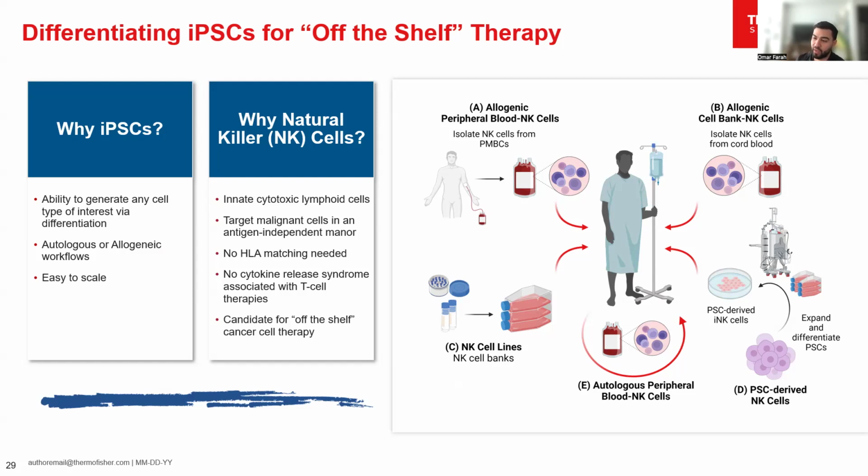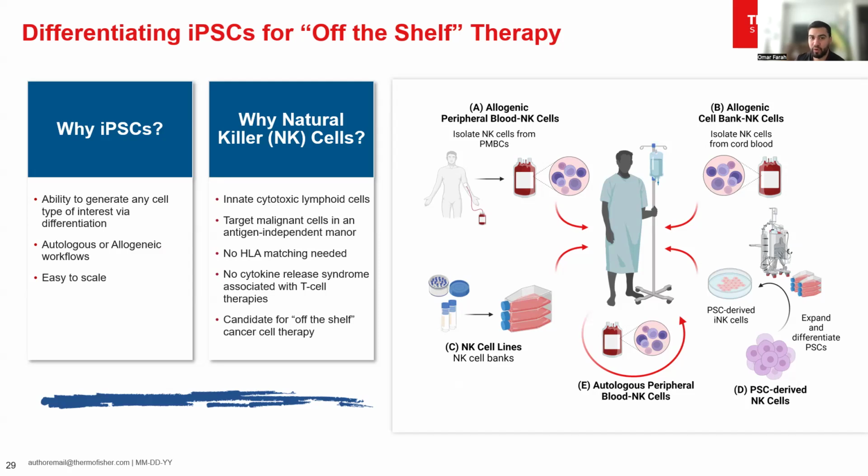They're either enriched or modified with a particular cargo, hence the CAR T, right? And then infused back into patients that have particular cancers in order for these cells to target that specific cancer. And T cells have been used a lot in this space, and they've been quite efficacious. But another immune cell type that could be really interesting here are natural killer cells or NK cells.